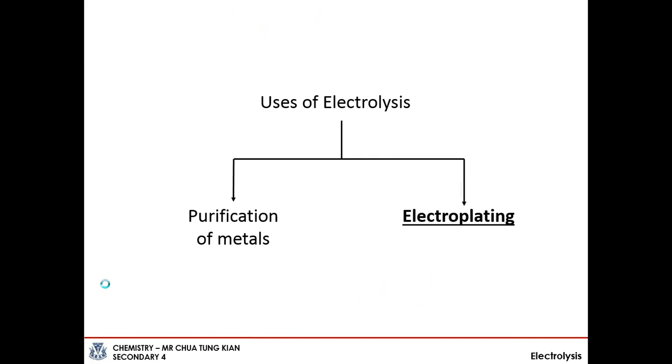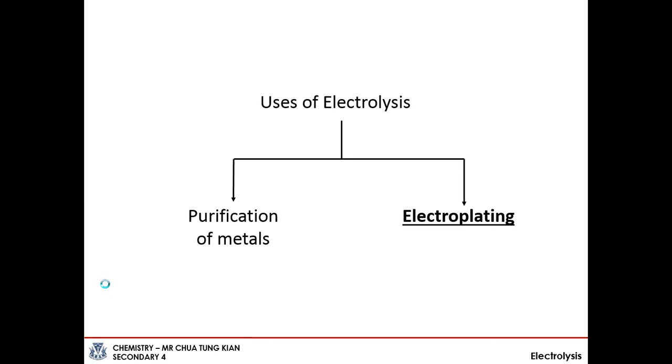The next thing of electrolysis is electroplating. If you look around yourself, every day when you go to the toilet, you use the taps. The taps look a bit silver, shiny color. In fact, the taps are what we call chromium plated. Usually below the nice shiny chromium layer is the raw material used to make the taps.